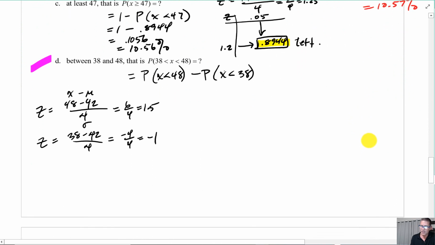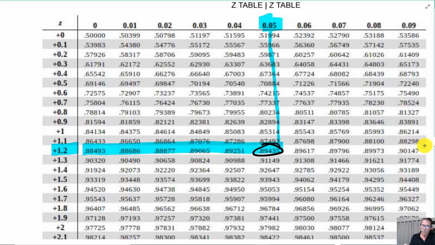Okay, now let's get some z-values. So let's draw the graph here. For 1.5, it's 1.0 and then 0.5 up top. So we look at 1, and then we go to 0.5.